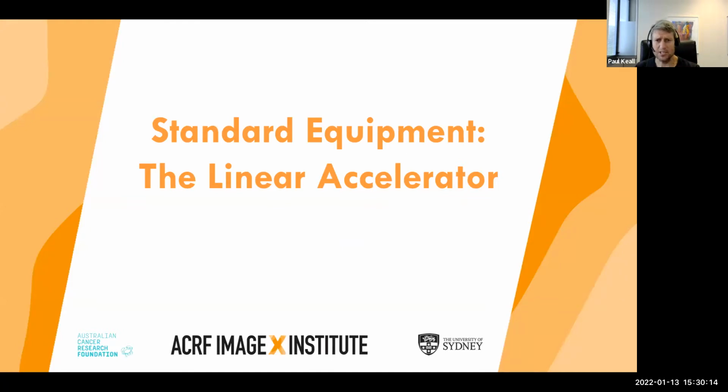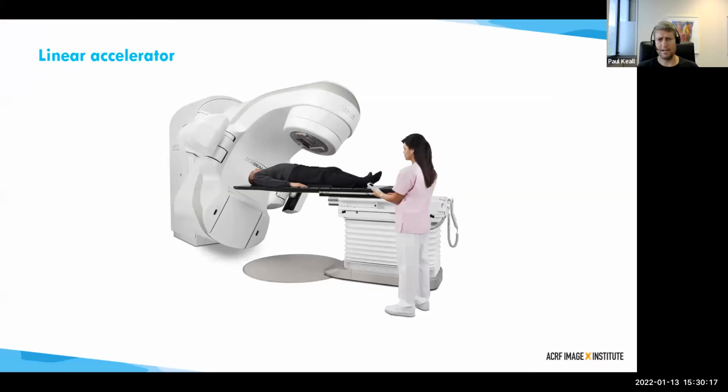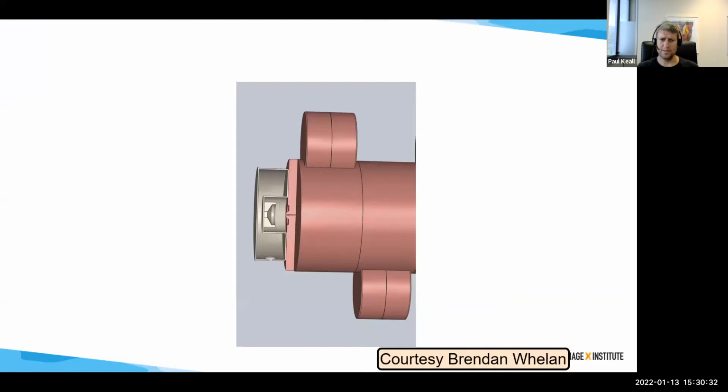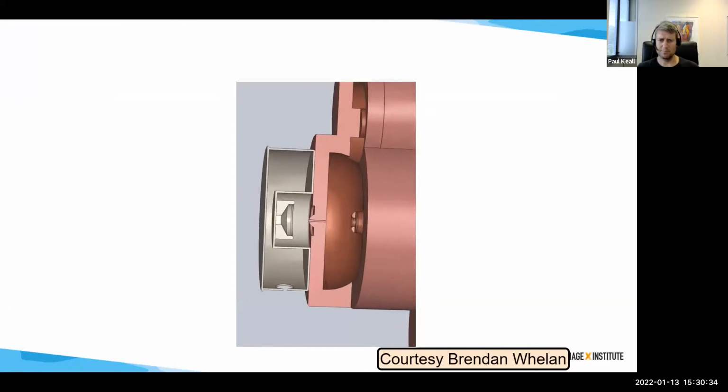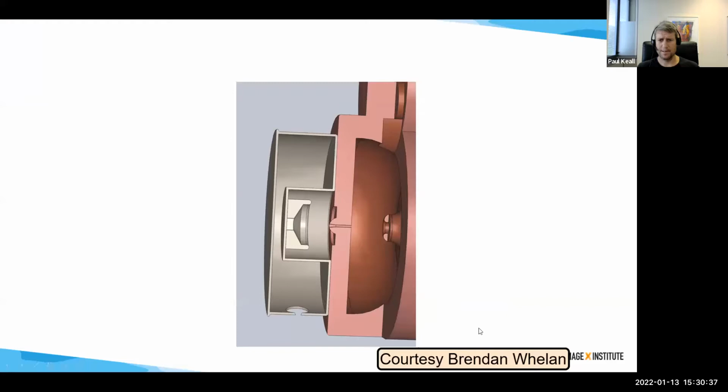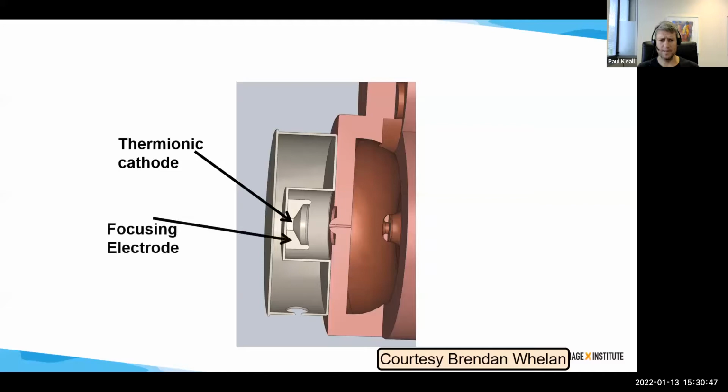So just to touch on a linear accelerator, which is the workhorse with which most people around the world are treated. Here's an example of one. In the treatment head is where the radiation is produced, and we start with an electron gun. We take a cathode with a focusing electrode and an anode.